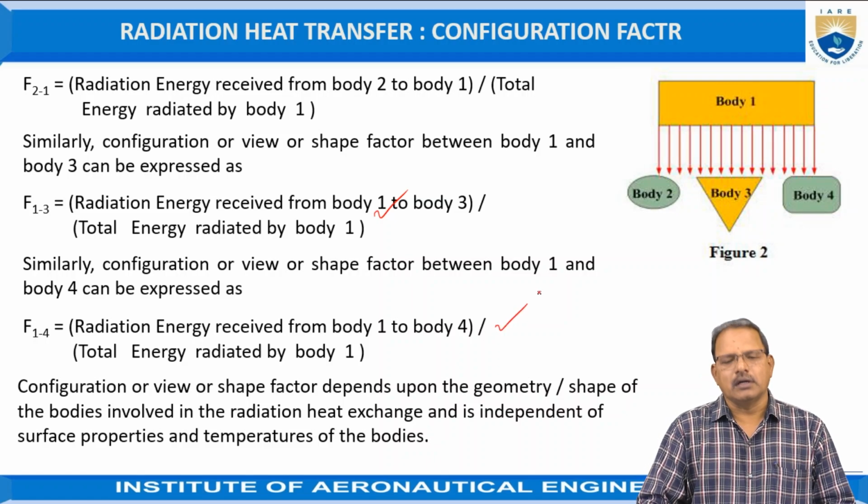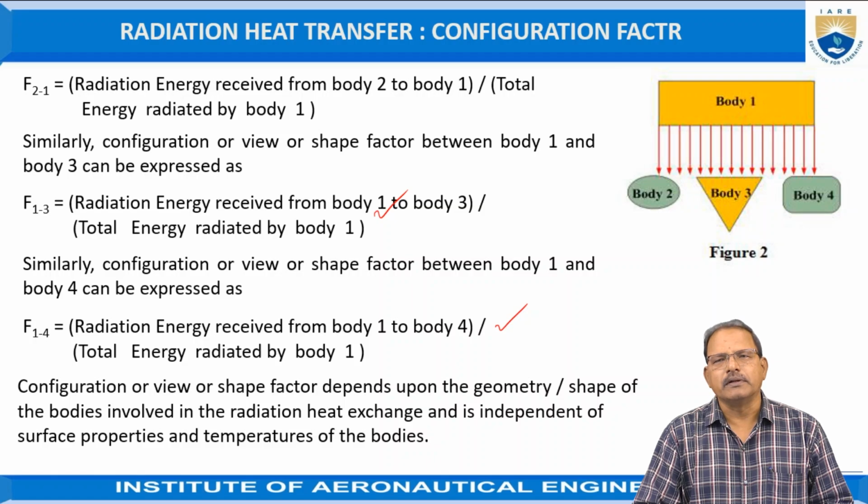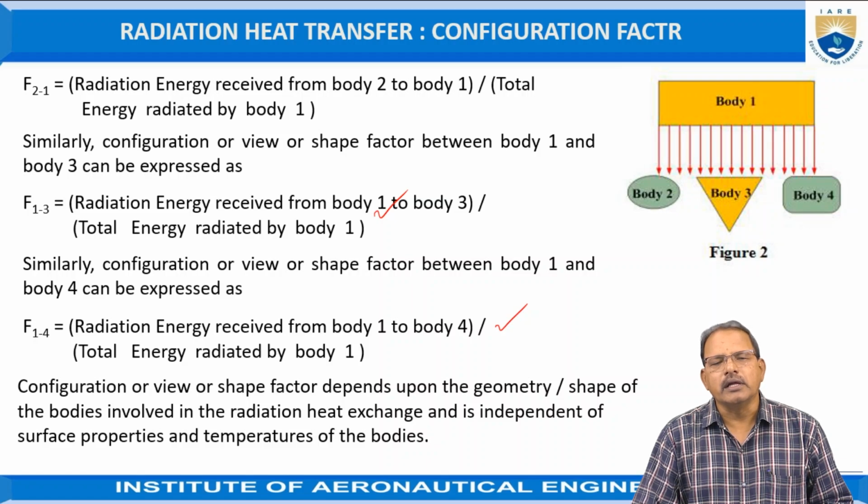The configuration or view factor depends upon the geometry or the shape of the bodies involved in the exchange of heat energy, and it is independent of surface properties and the temperature of the bodies.